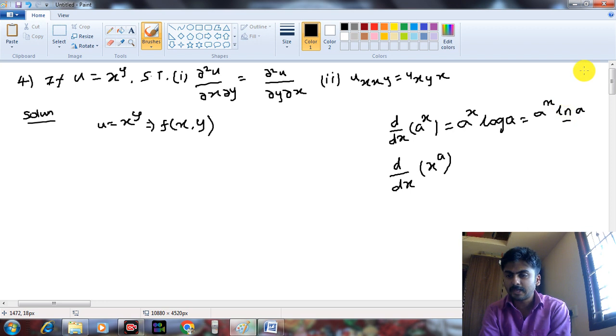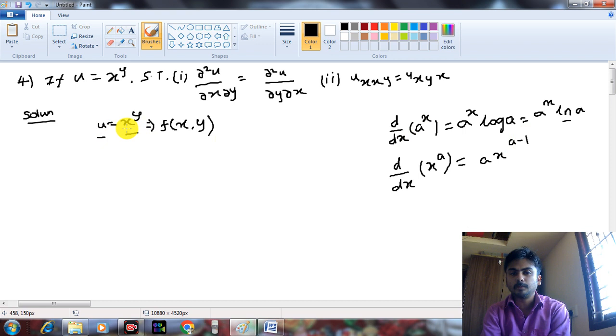Now in x power a, we have the derivative as a x power a minus 1. So here you can see the function u depending on two variables x and y is purely in the format of base and power.